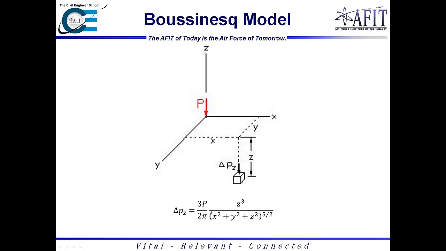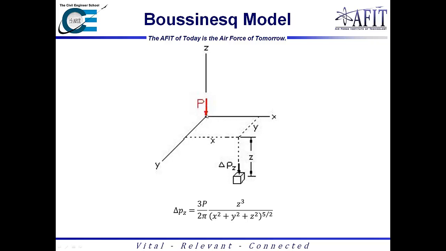What this equation came up with was the idea that there's a certain radius affected by this point load, and this radius gets bigger as I go down. As the radius gets bigger, the pressure decreases.